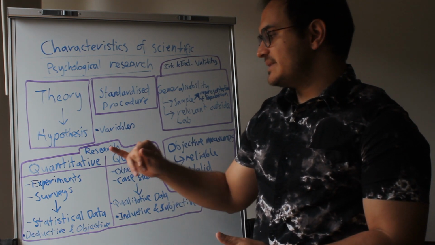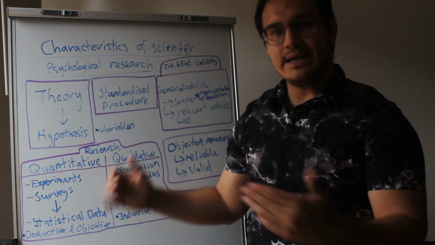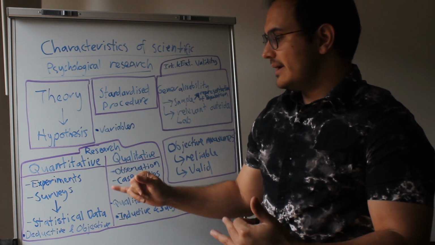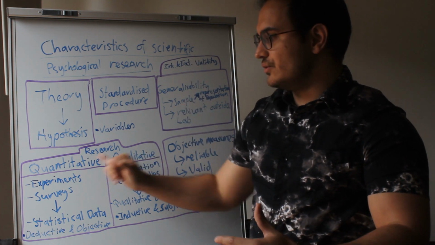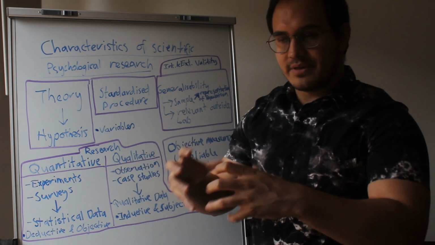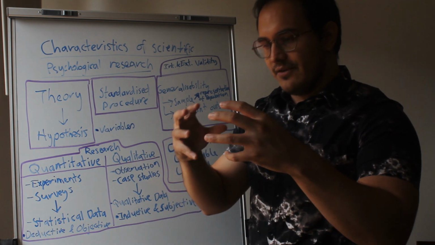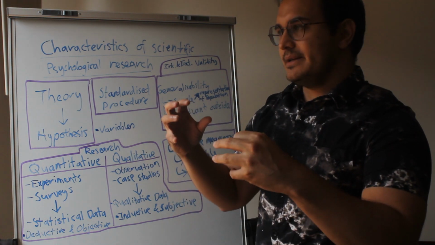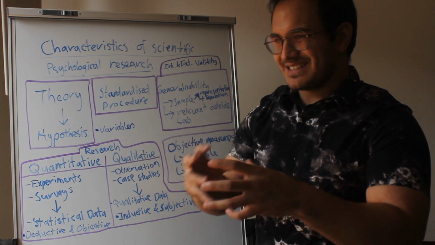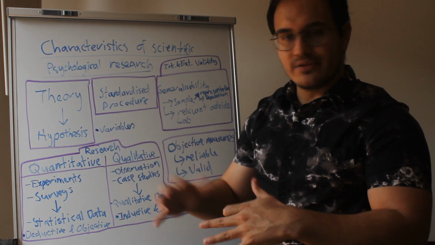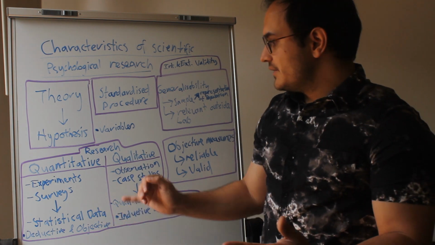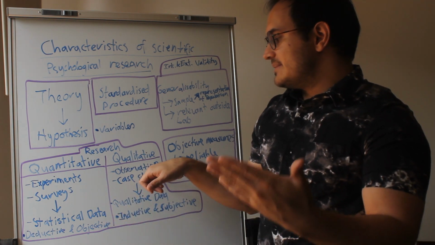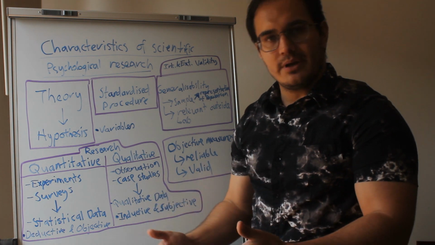Experiments are like the gold standard, but not everything is generalizable to an experiment. You can't have a controlled environment all the time. And sometimes what you do in an experiment doesn't apply outside, because the world is very complex, and psychological processes are very complex. So sometimes case studies are more appropriate.